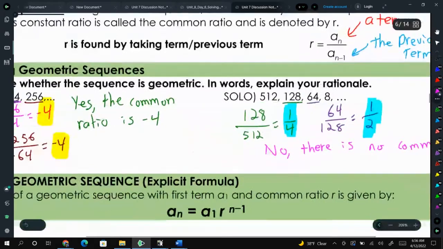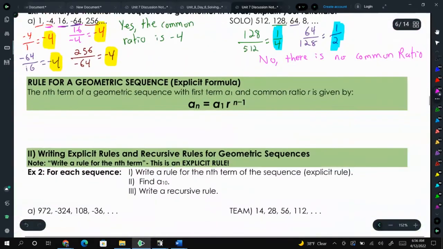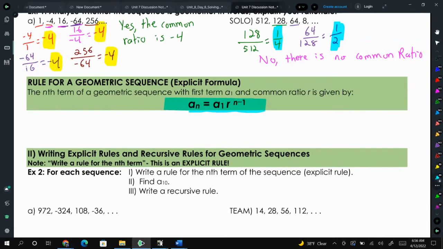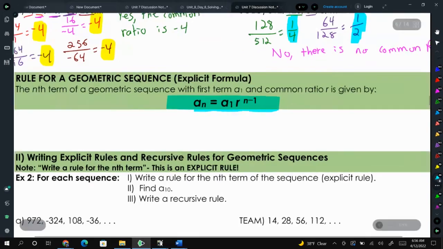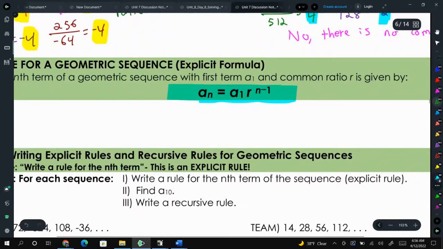Now down here, the explicit formula for a geometric sequence is this: a sub n equals a1, which is the first term, times r raised to the n minus 1 power. That kind of looks like y equals a times b to the x, except our exponent is different.